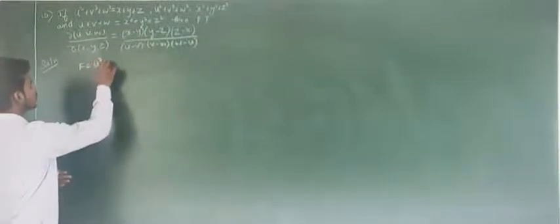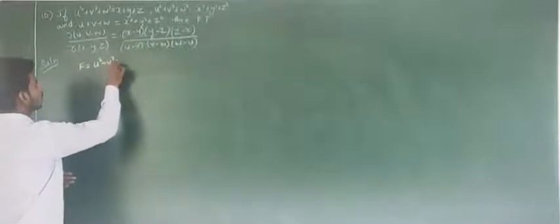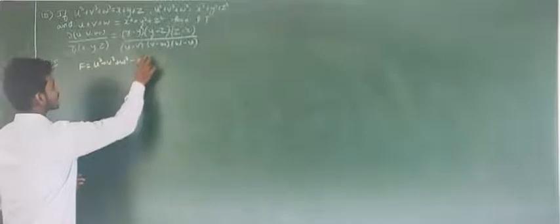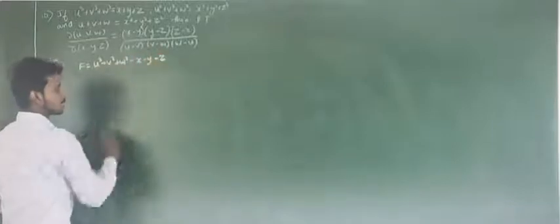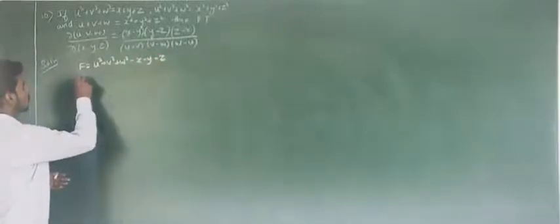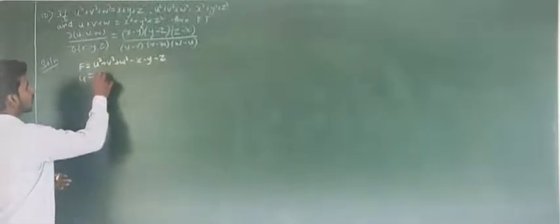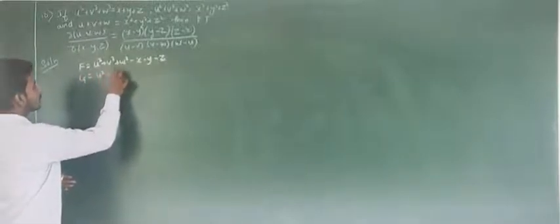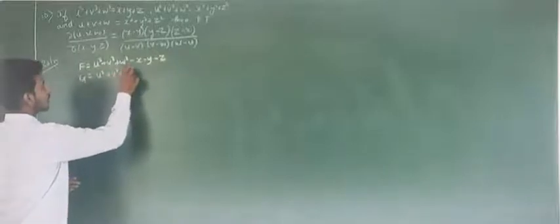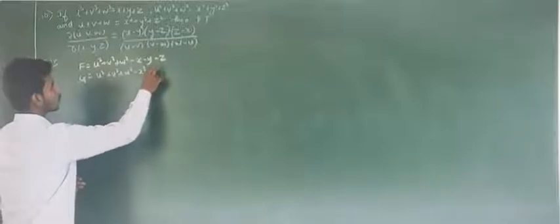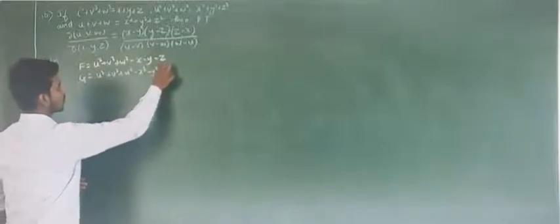u cube plus v cube plus w cube minus x minus y minus z. Next, g equal to u square plus v square plus w square minus x cube minus y cube minus z cube.